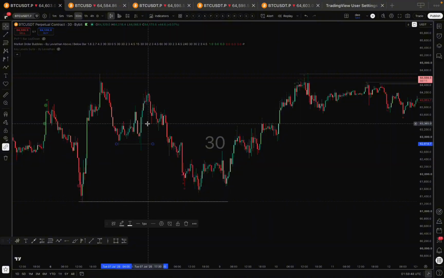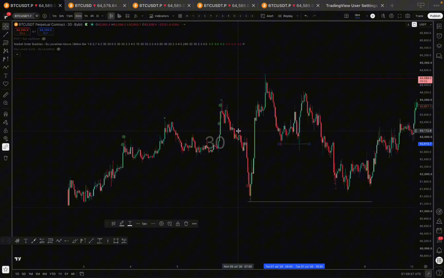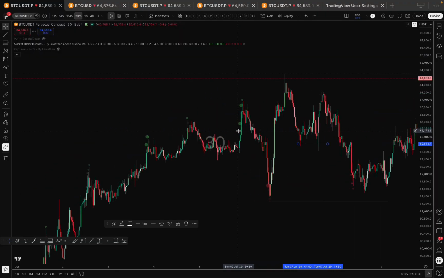Now what happened? The market came, took this internal liquidity, and it pushed back for a while. So there's a series of internal highs or a series of internal liquidity. It can come as highs and as lows, external and internal liquidity.